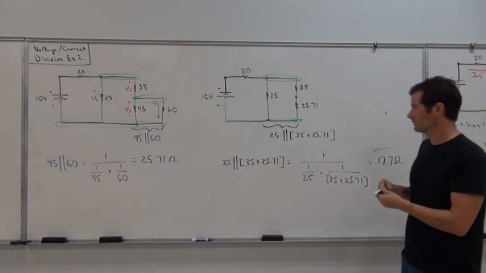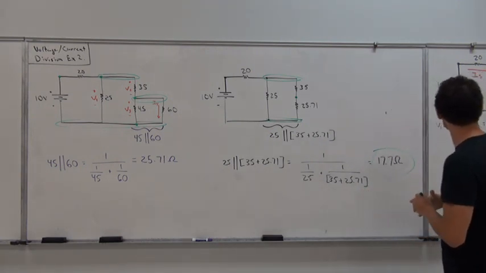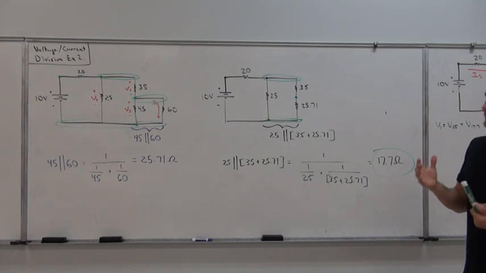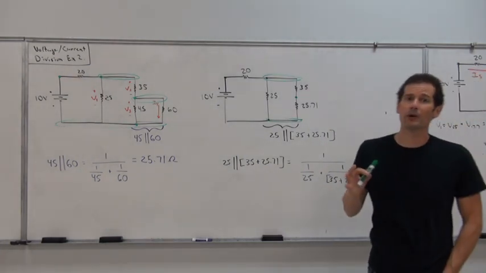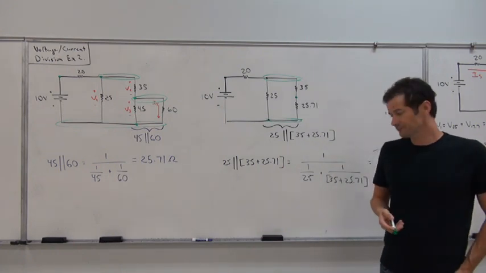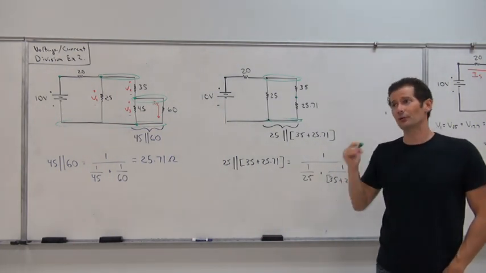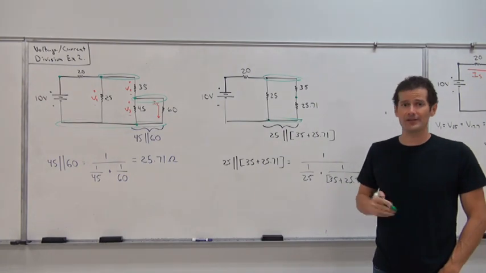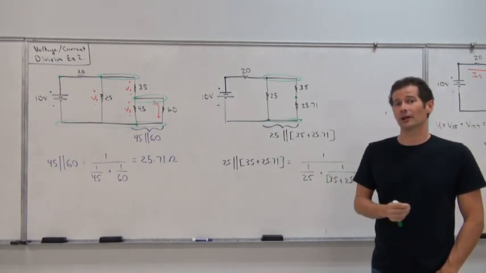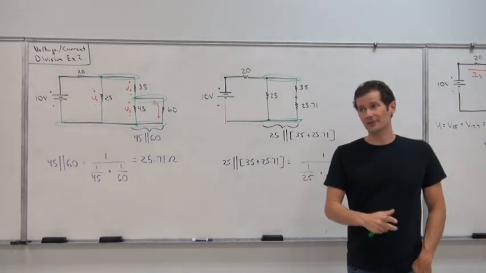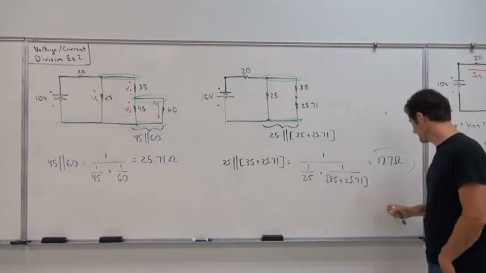So let's move the camera over and start talking about how these elements will actually start relating to each other. Now, as I've said before, parallel elements have the same voltage, different currents. Series elements have different voltages, the same current. But we're also going to see how that relates to equivalent resistance as well.